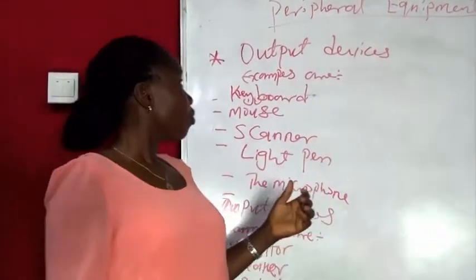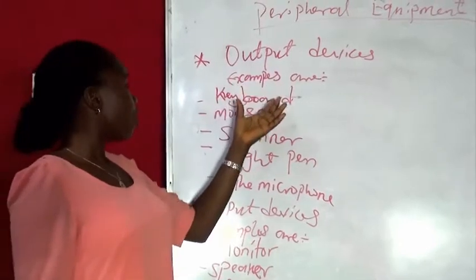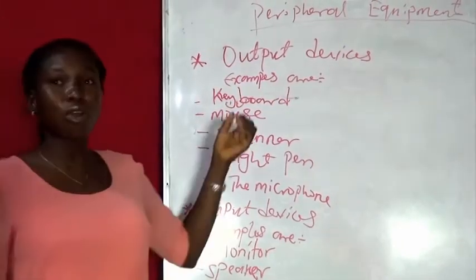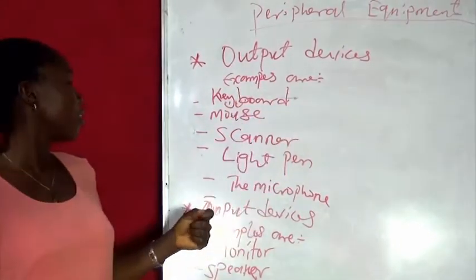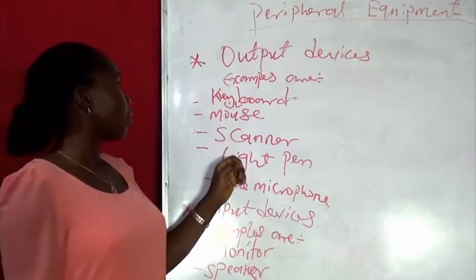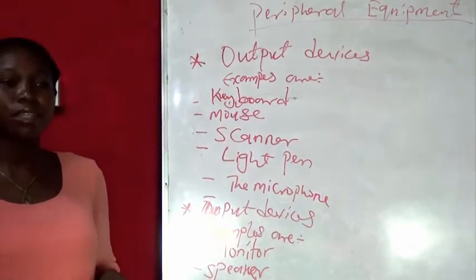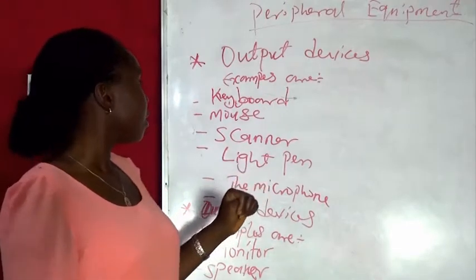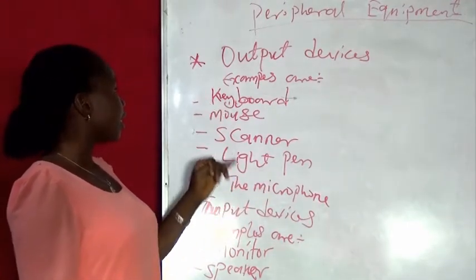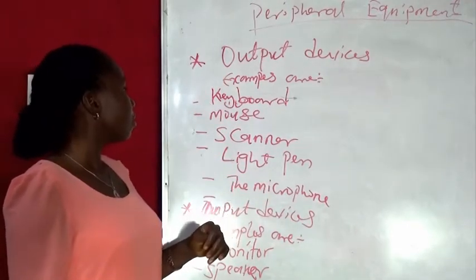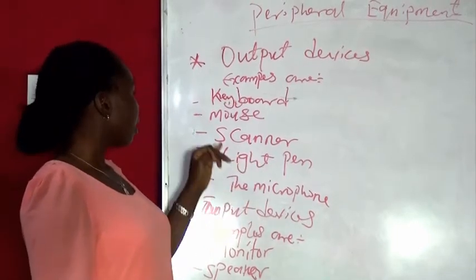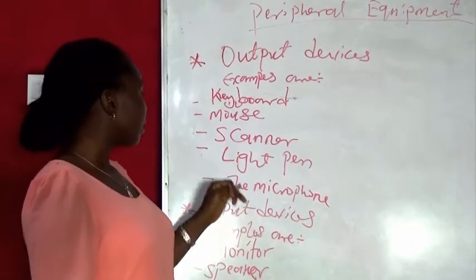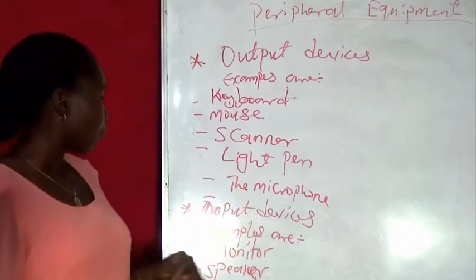Under it, we're going to have the following objectives that will be discussed under peripheral equipment. First, we're going to be talking about the input devices. Under the input devices, we're going to look at the following examples: the keyboard, the mouse, the scanner, the light pen, the microphone.